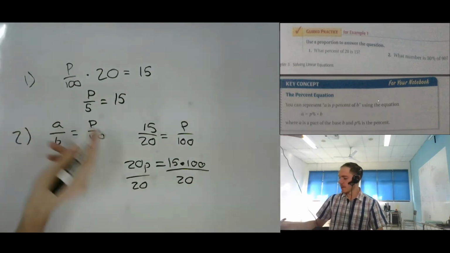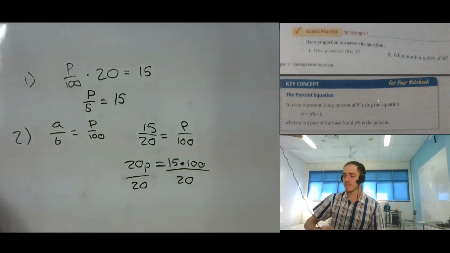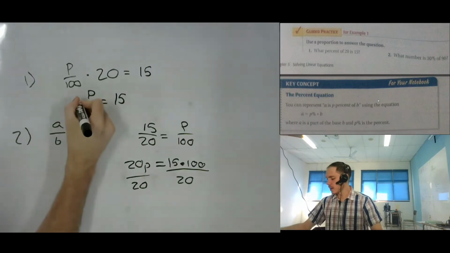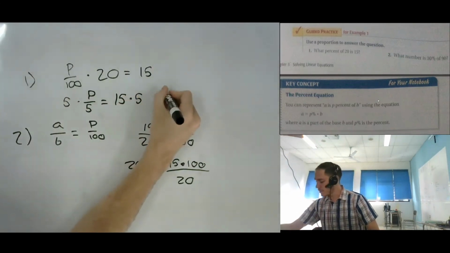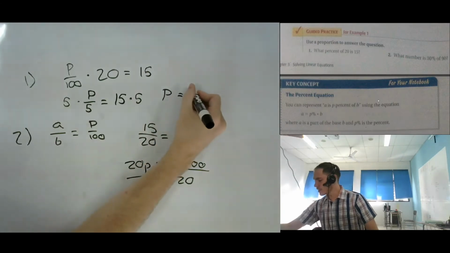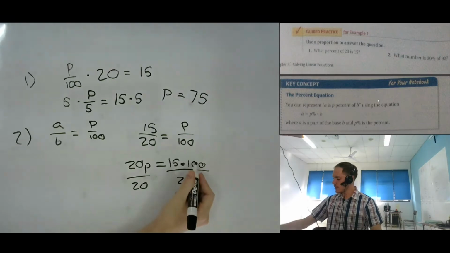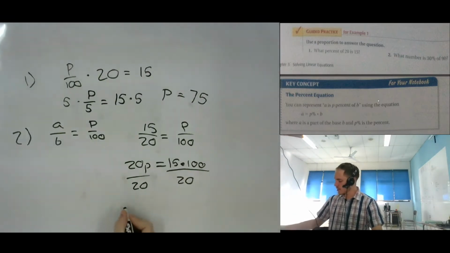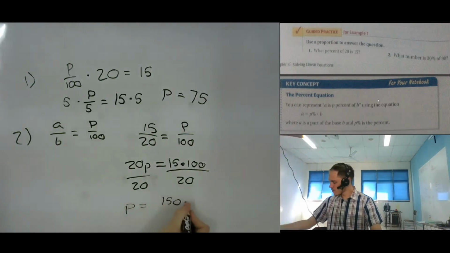It is the same idea, ultimately, when you get down to it. They're going to be the same answer. So this would be times 55 on both sides. And so P equals, and I believe this is 75. So P equals 500 divided by 20.